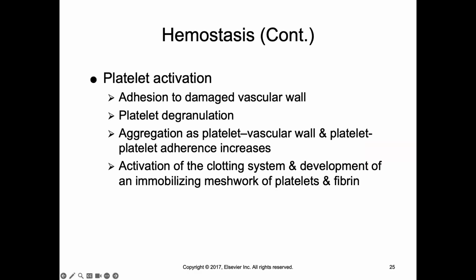So with platelet activation, we latch on to damaged tissue, we degranulate, we generate a platelet plug because these factors attract more platelets, okay? And in addition, we have vascular spasm, right?